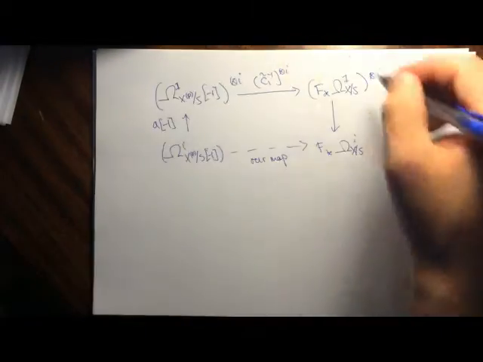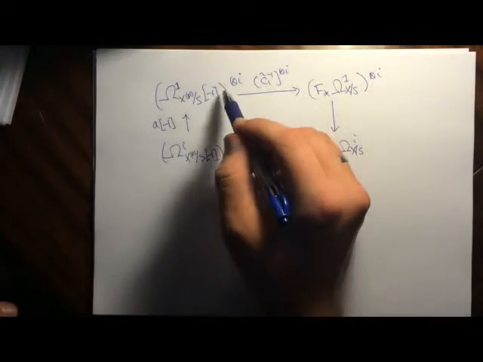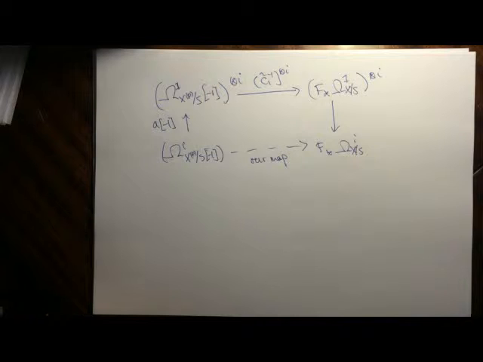Okay, so this is how we define it globally. So I guess there's something to talk about with whether or not these tensors commute. The twist of the wedge power is the wedge power of the twist, but I'm going to omit this.